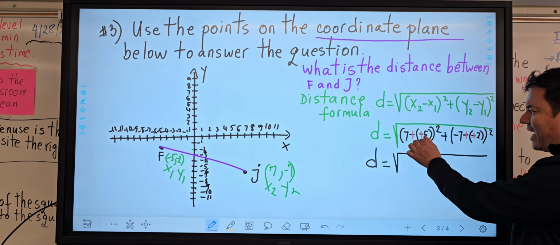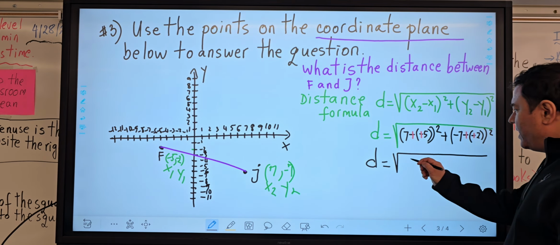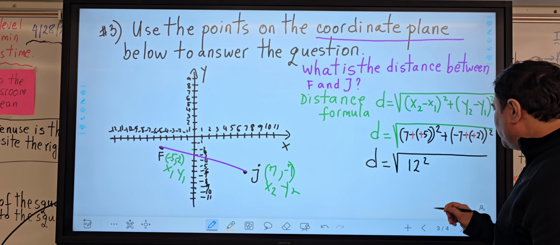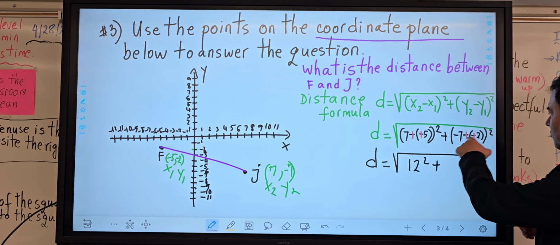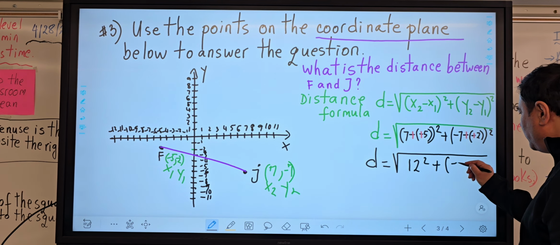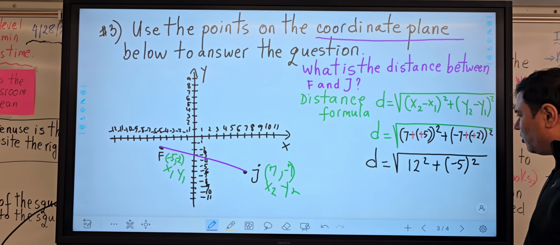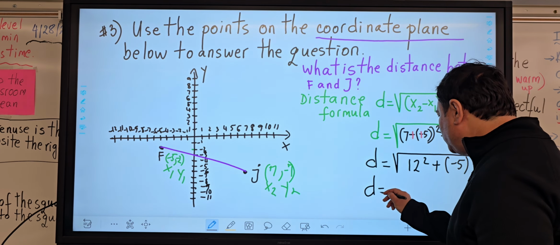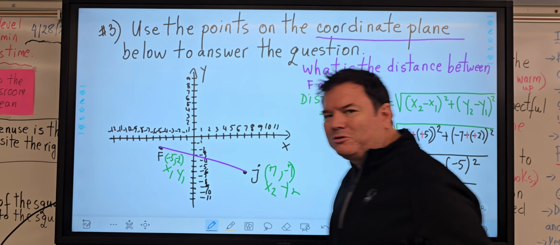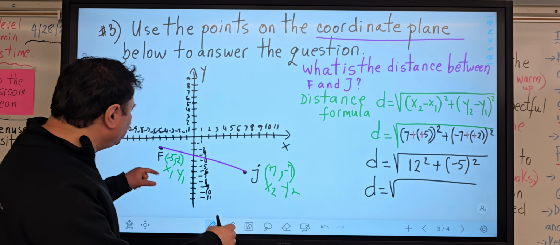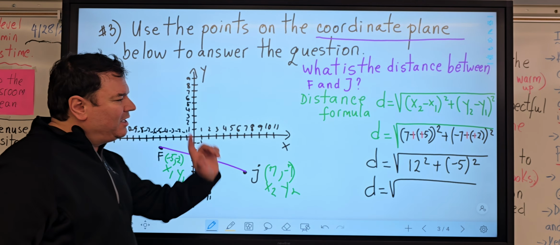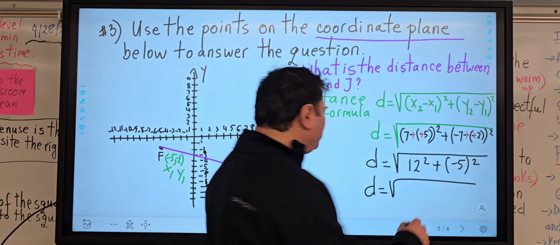We solve the parentheses first, which is 12, and that becomes 12 squared, plus -7 plus 2, which becomes -5, and we need to square that also. Remember, 12 squared becomes 144.